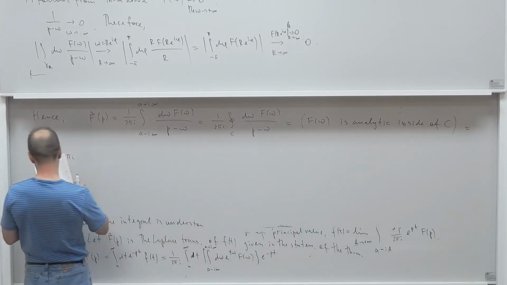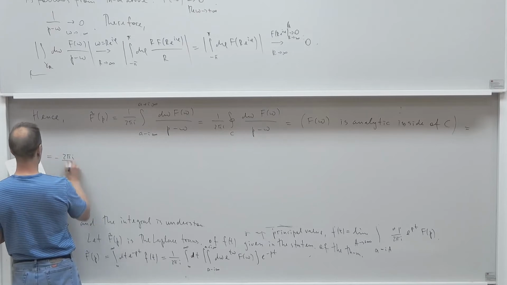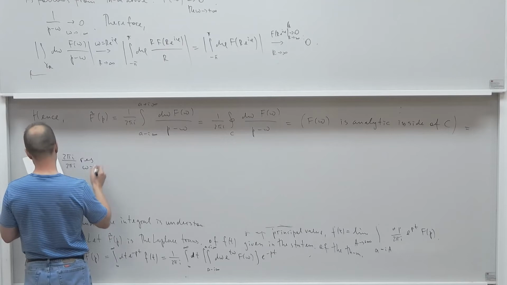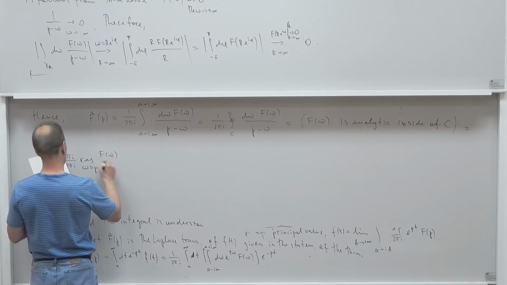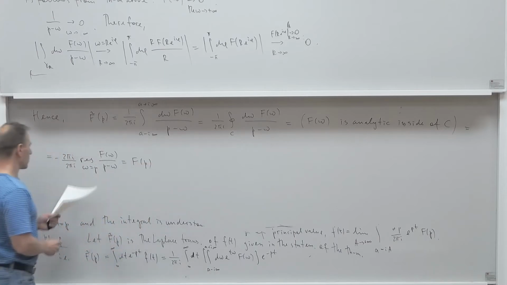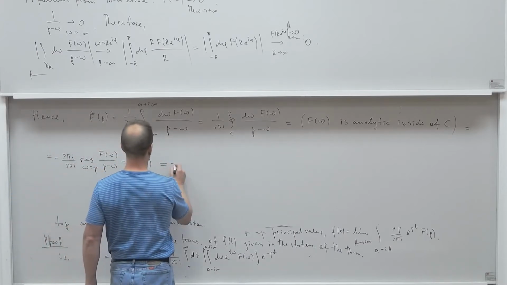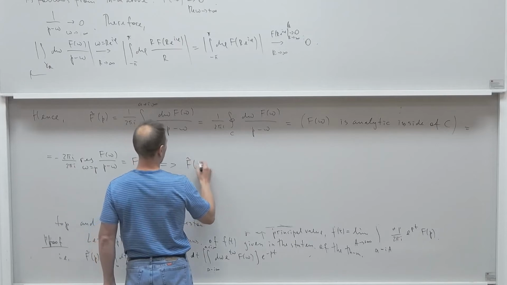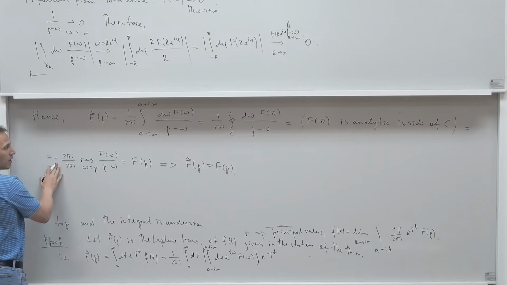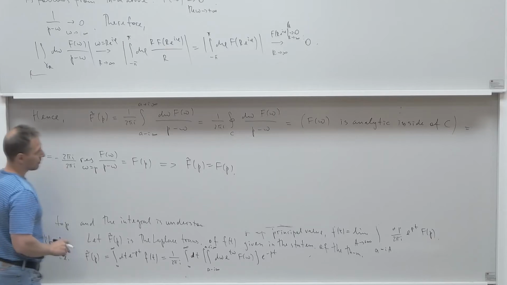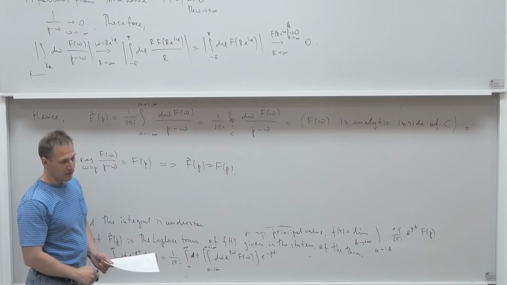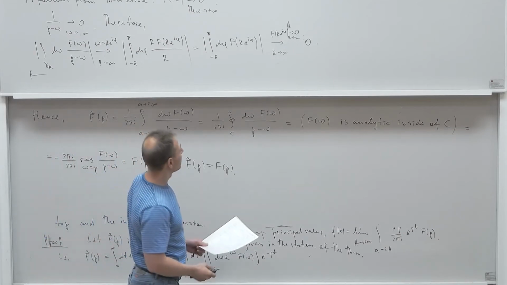And so we obtain this. As for this minus sign, it stems from the fact that the contour C is run clockwise, that is in the negative direction, as we see from the picture.